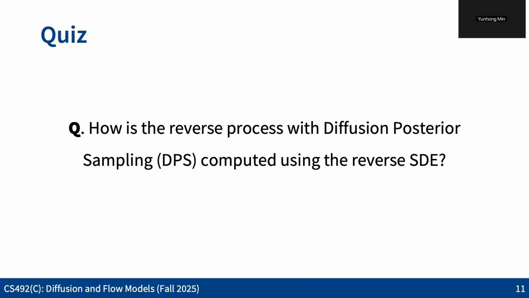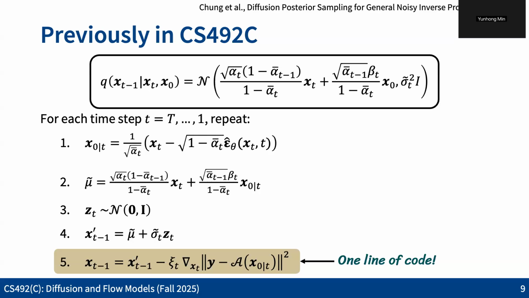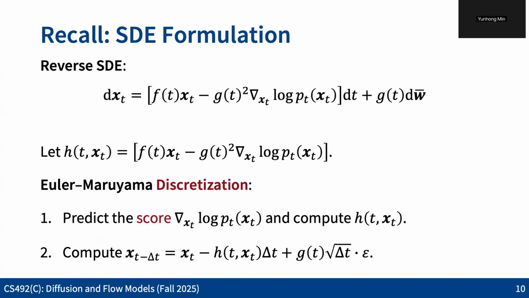So can you briefly write down how the reverse process of DPS can also be computed using the reverse SDE? The question is: when you think about this whole process in terms of adding this guidance into the sampling of x_{t-1}, how can you write the formulation for the same thing based on the reverse SDE formulation?